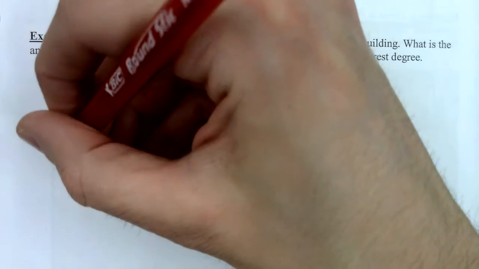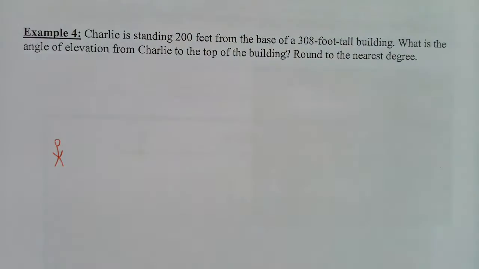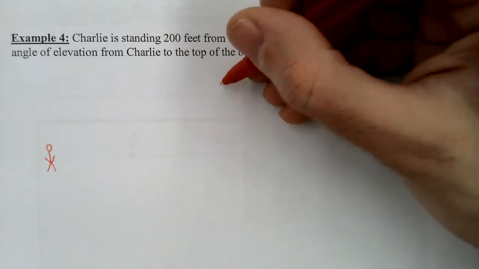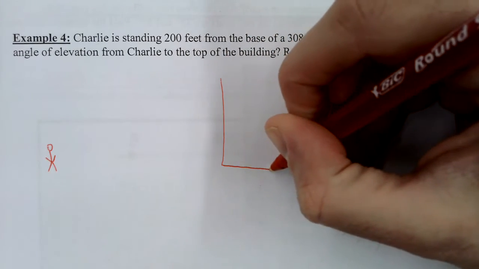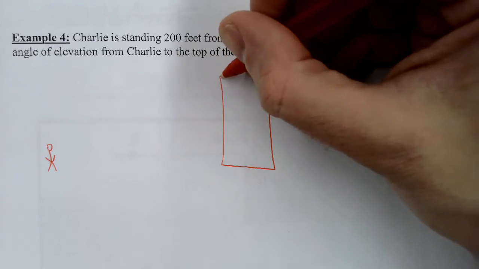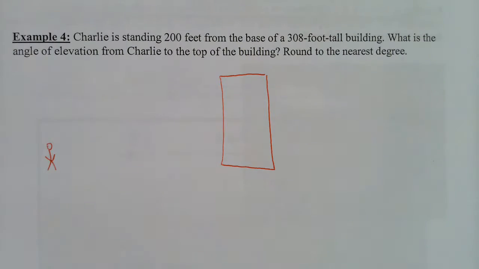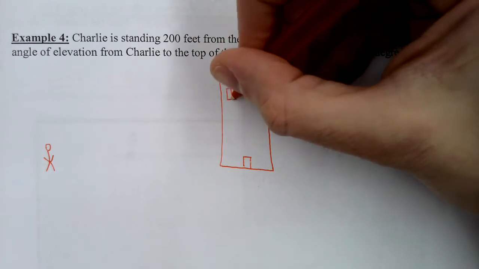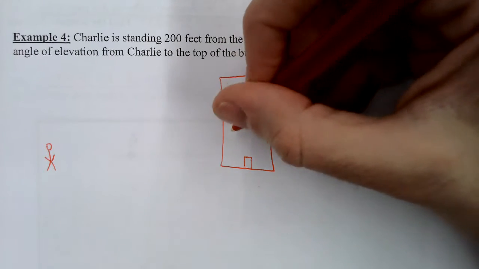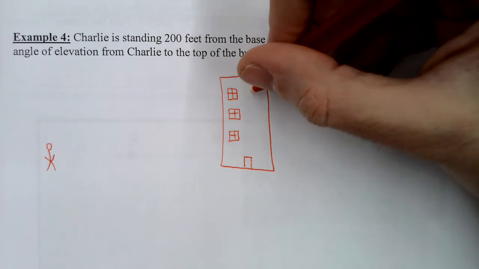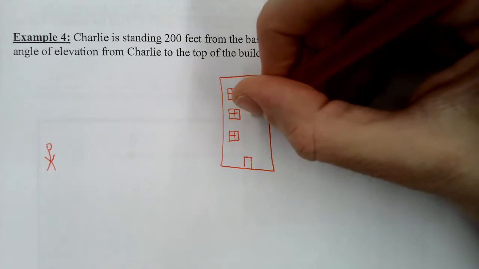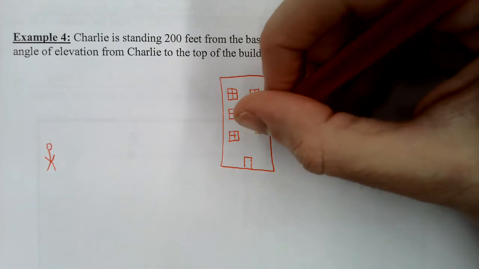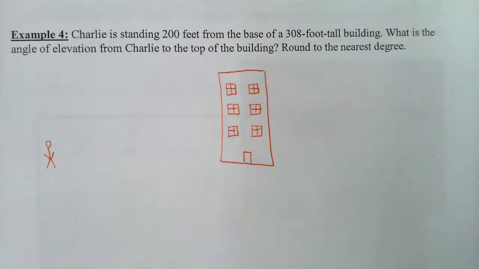Okay, let's draw Charlie, and let's draw a building. Let's put a door in the building. Let's put some windows. It's good enough. Okay.